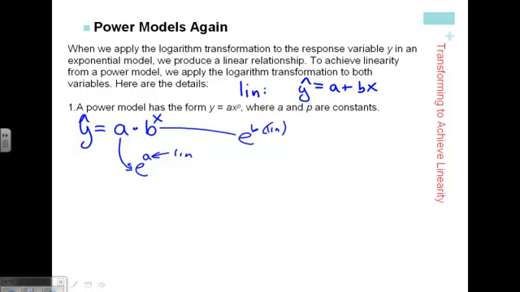Well, we're going to do some more algebra, but we're going to do it with the power model. I guess I'll write this in a different color so it stands out. Let's start with the power model.